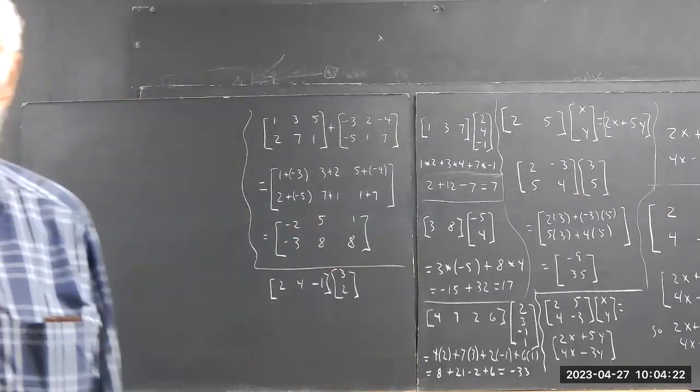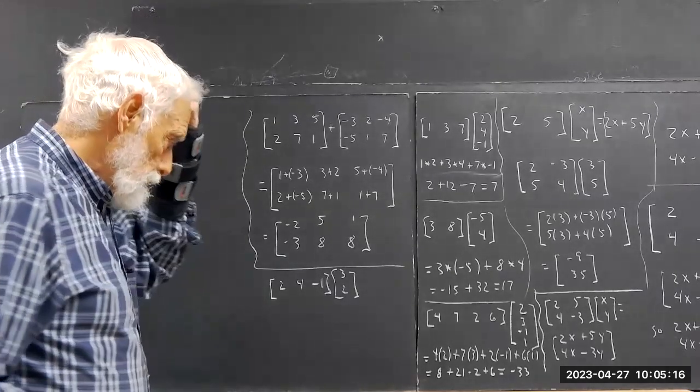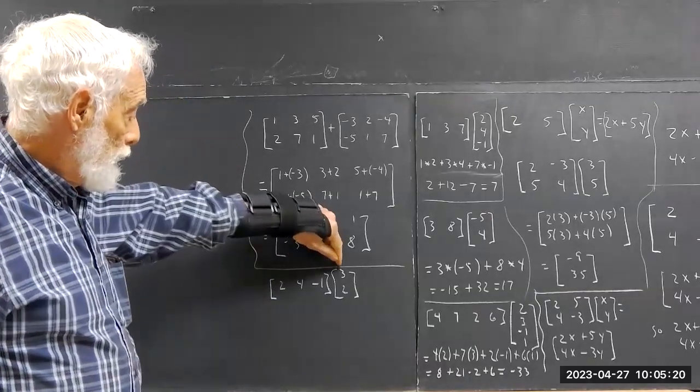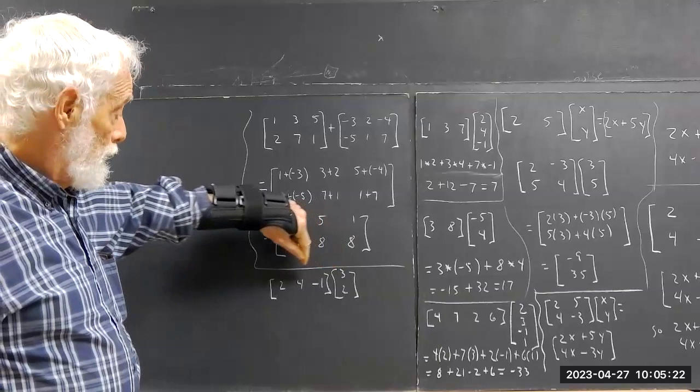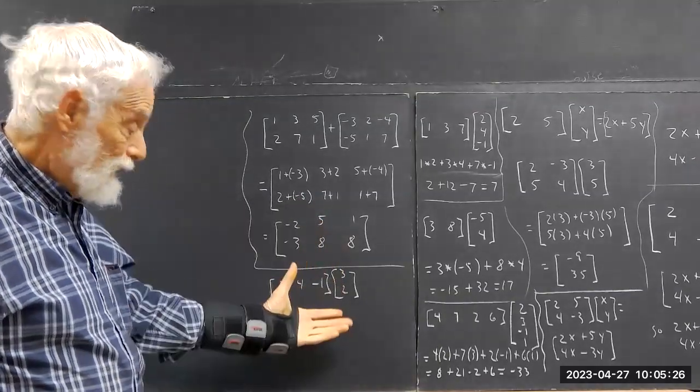You can't do that. Why not? Okay, so I think we saw it pretty clearly. If we try to do this, we do 2 times 3, that'd be good. 4 times 2, that's fine. -1 times, nothing there.